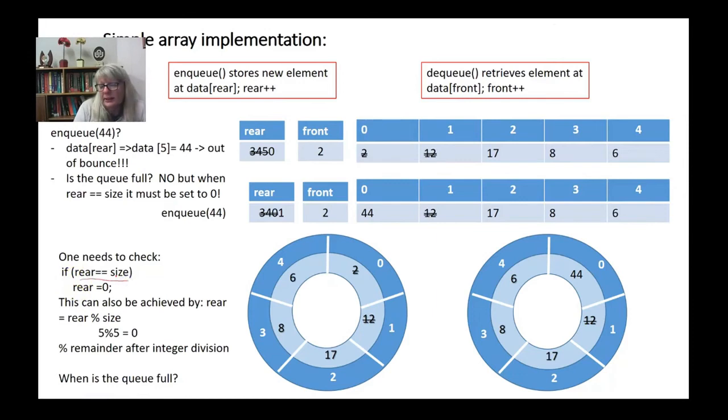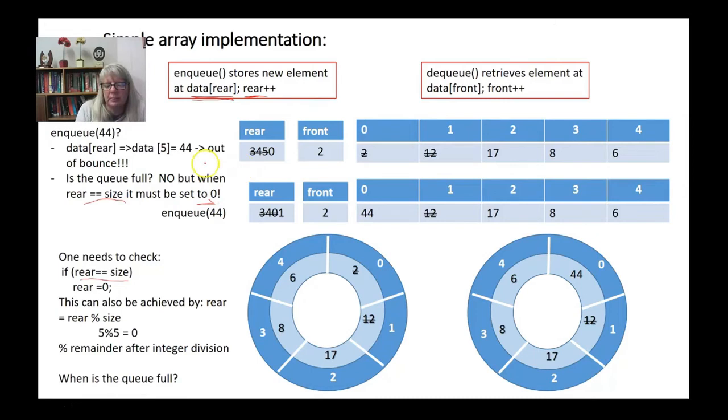So remember we increment rear. We add something at the rear and then we increment. Just after incrementing, if we check if it's size, we set it back to 0. And this is what happened here.